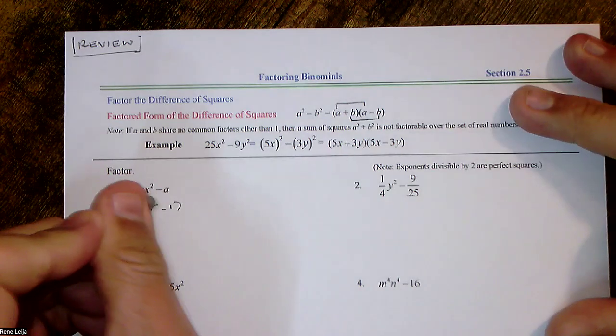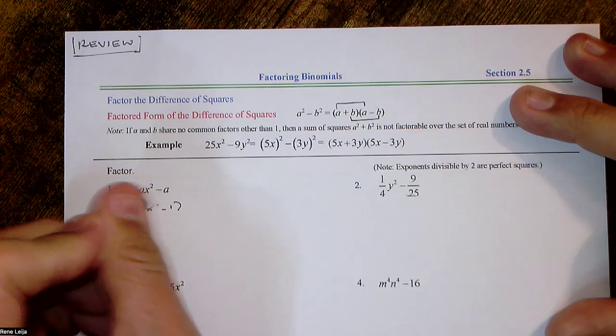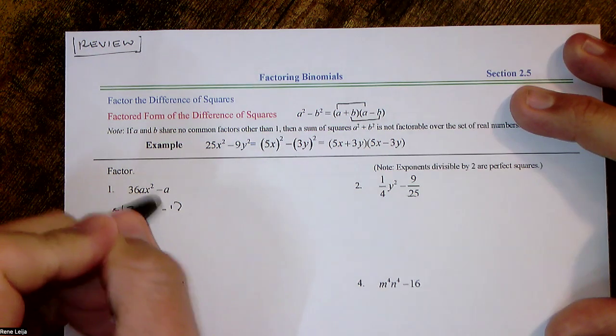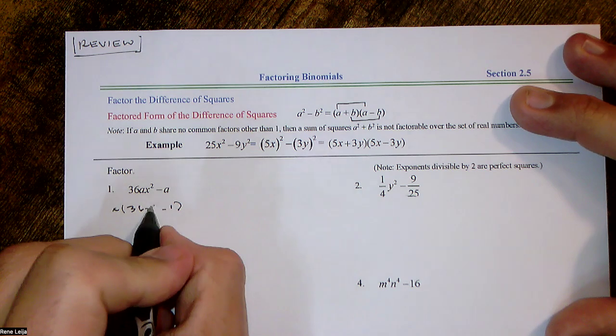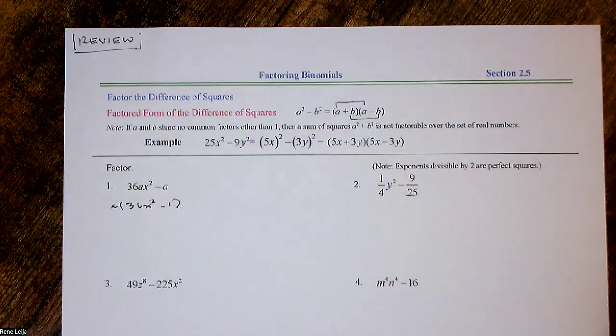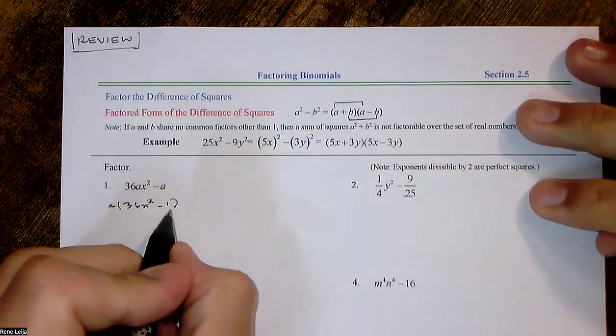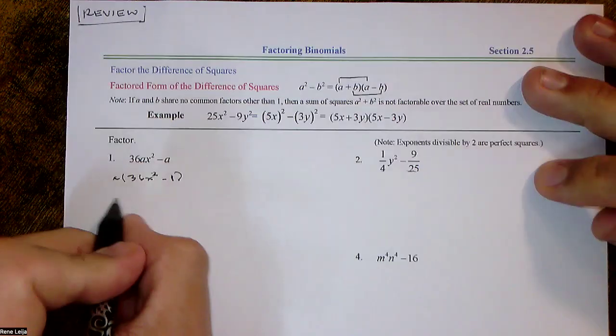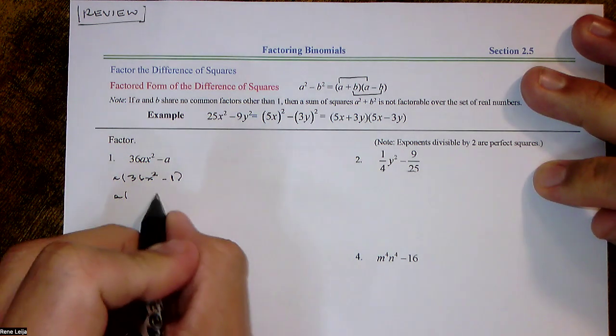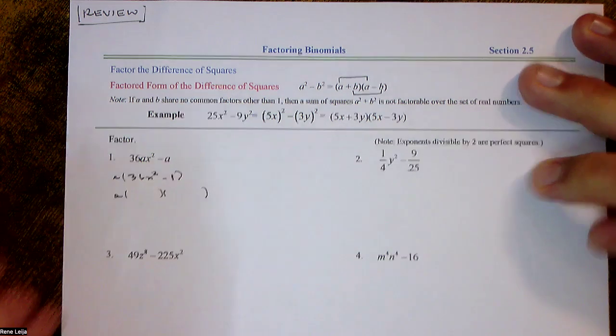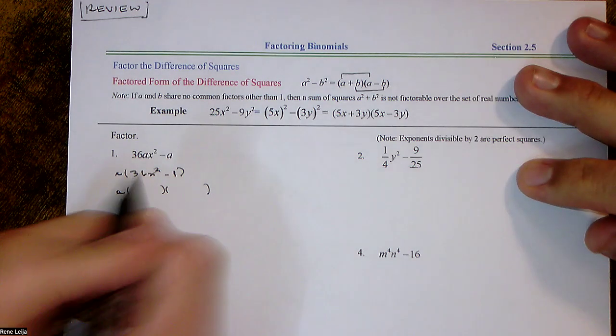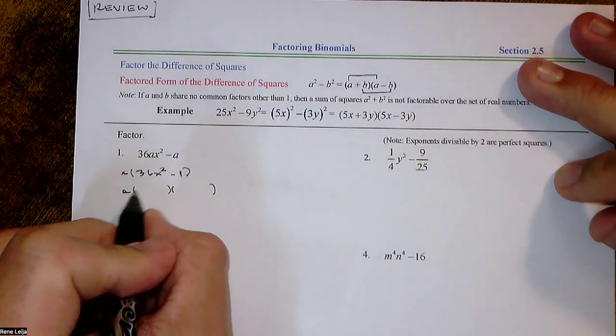Now, do you have a difference of squares? Meaning, are both of these terms perfect squares? Is 36x squared a perfect square? Yes, it is. Is 1 a perfect square? Yes, it is. Okay, so here's the A. So that means I'm going to open up my two binomials. So what times what gets you the 36x squared?